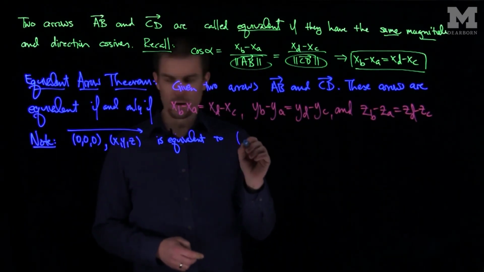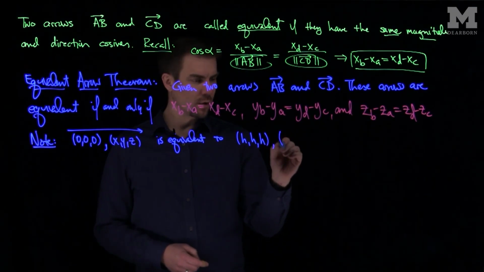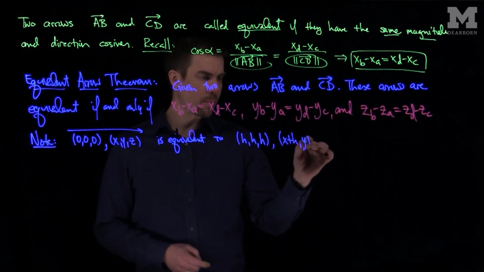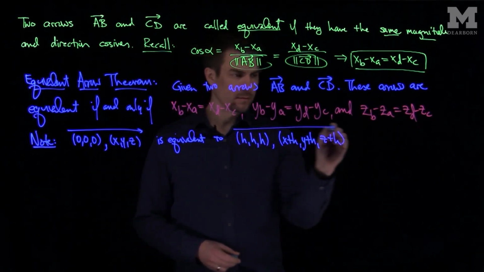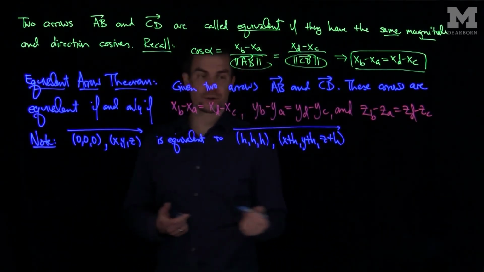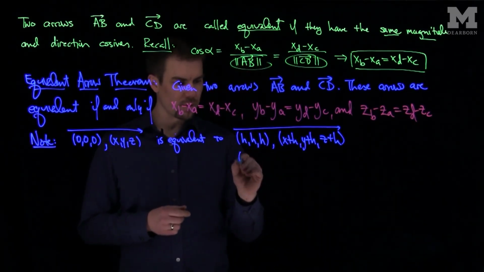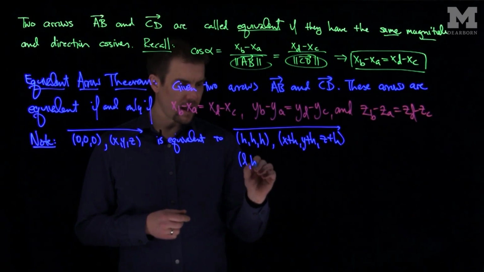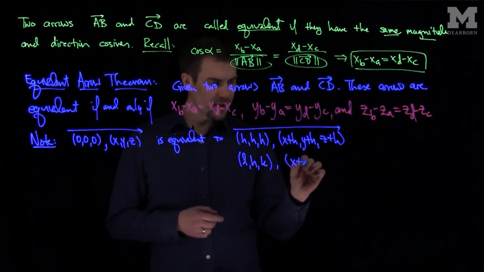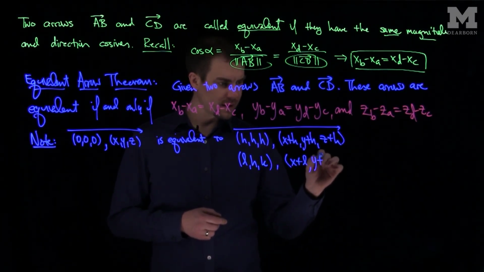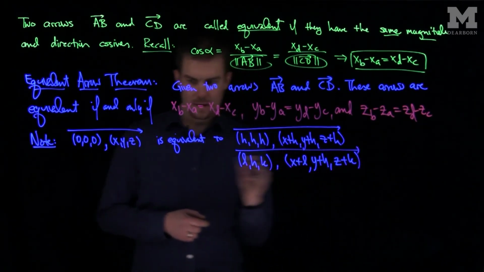So what I'll do is I'll look at this arrow over here, h, h, h to x plus h, y plus h, z plus h. Or I can shift all the individual entries. It's also equivalent to l, h, k to x plus l, y plus h, and z plus k.